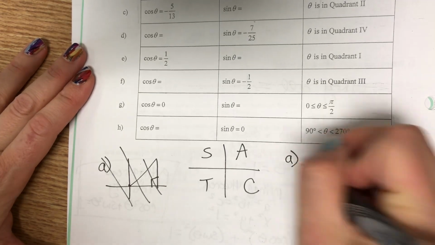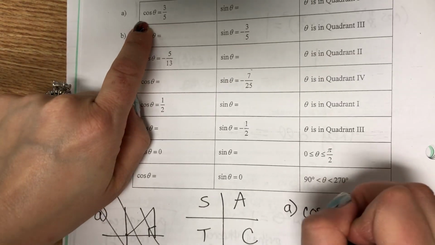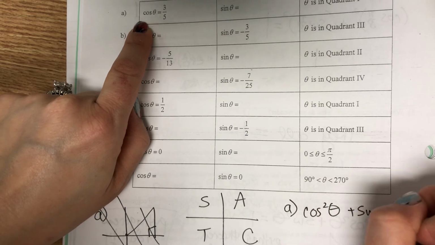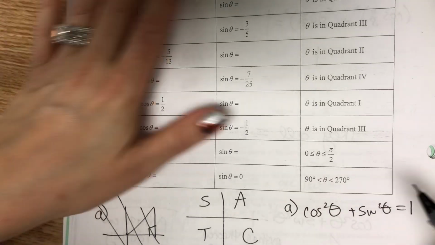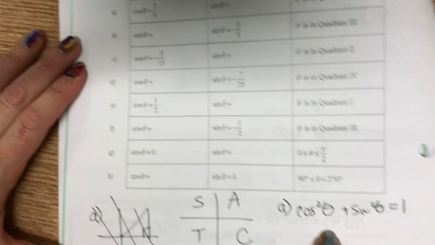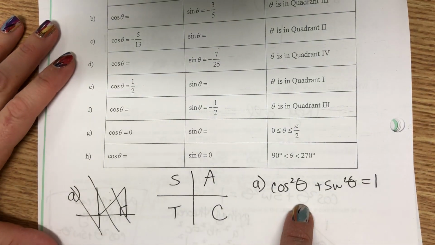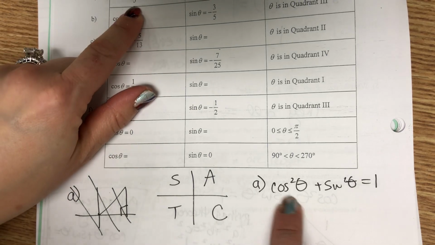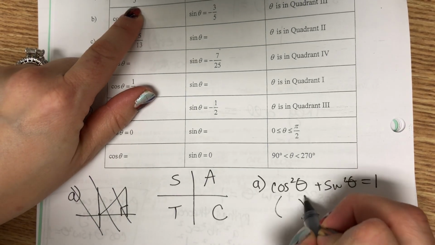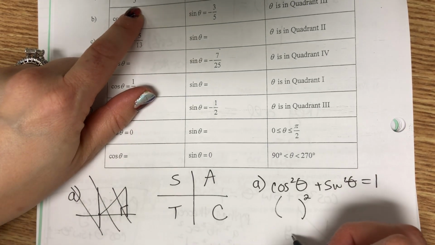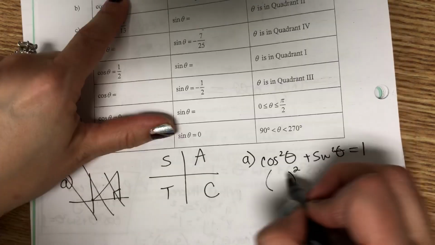So then for A, I know that cosine squared theta plus sine squared theta equals 1. For all of these problems, we have to use the Pythagorean identity because that's what your homework says. That's what the test and quiz are gonna say. So cosine squared theta is the same thing as cosine theta squared. And cosine's 3/5.